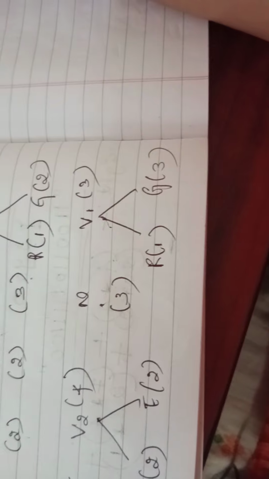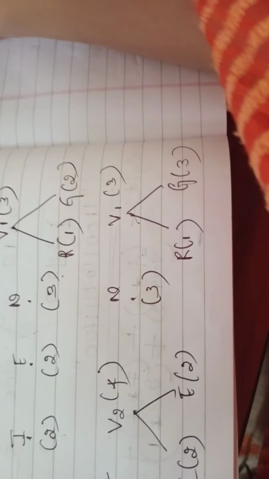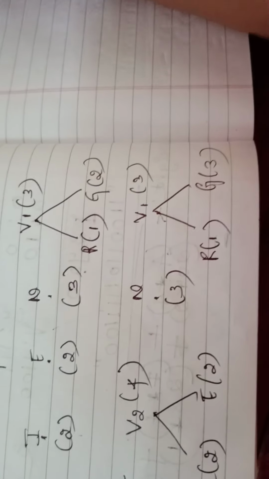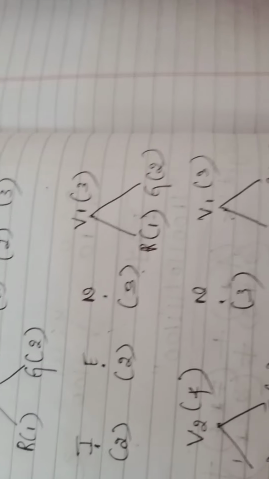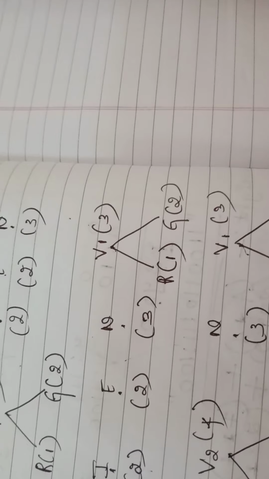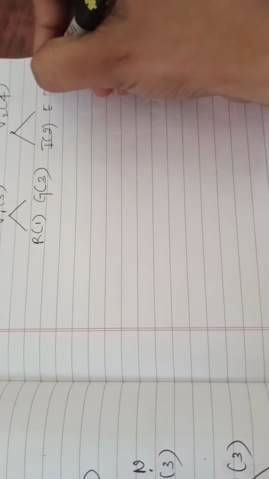Next check whether they are in ascending order or not. No, it is not in ascending order, so arrange them in ascending order now. So it becomes N of 3, V1 of 3, that is R of 1 and G of 2, next V2 of 4, which will be I of 2 and E of 2.